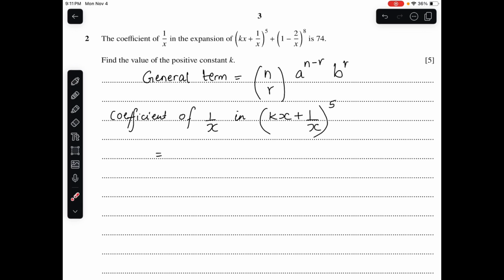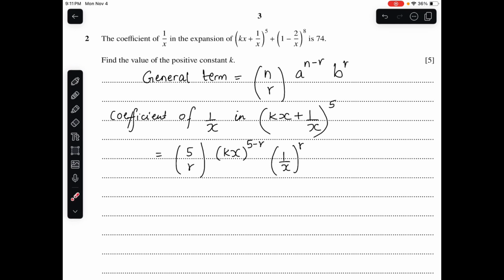Here the value of n is equal to 5. So 5Cr, r we need to work out, (kx)^(5 minus r), (1/x)^r.